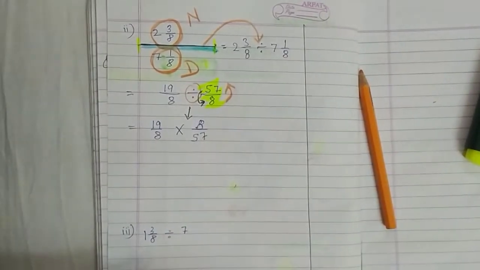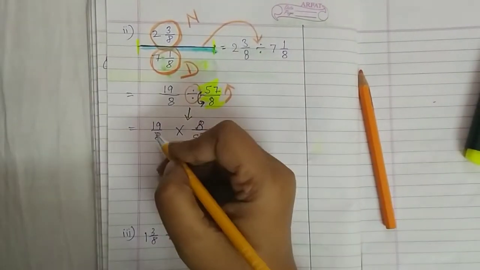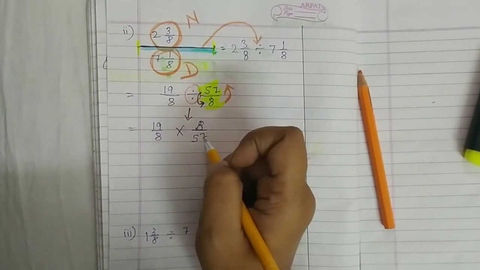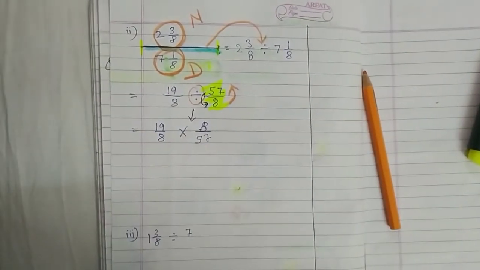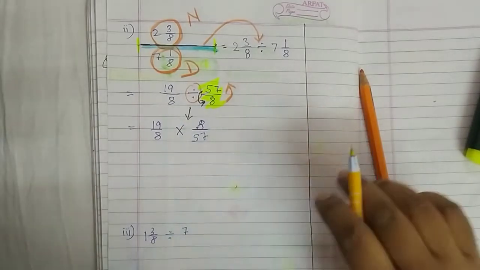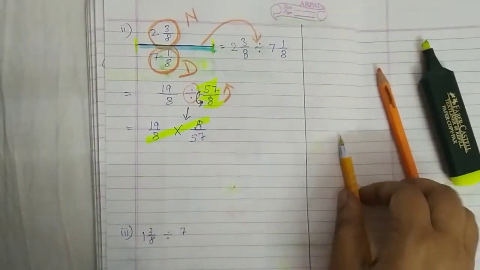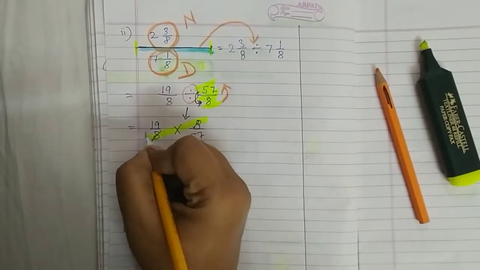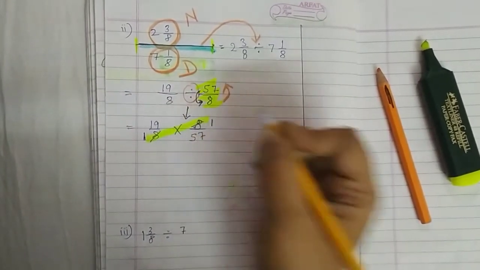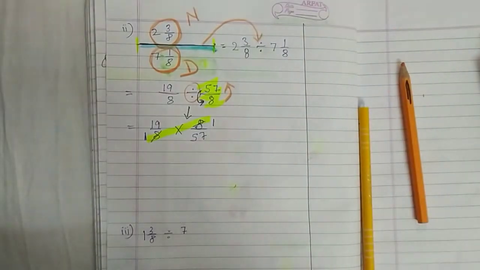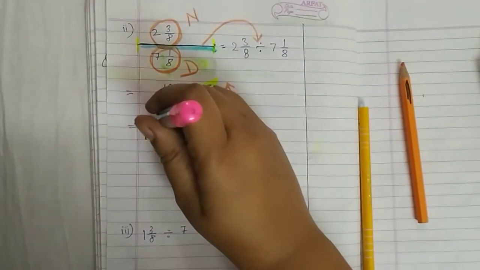Now check vertically. 19 upon 8 is already in simplest form. 8 upon 57 is already in simplest form. Now check diagonally. 8 and 8 we can cancel, 8 ones are 8. Now 19 and 57.